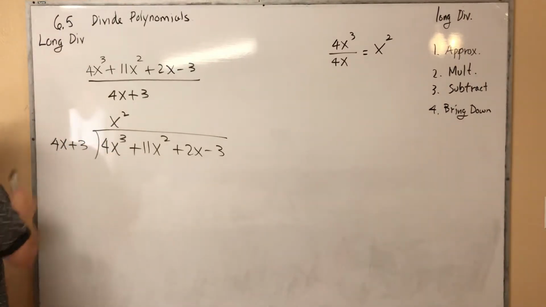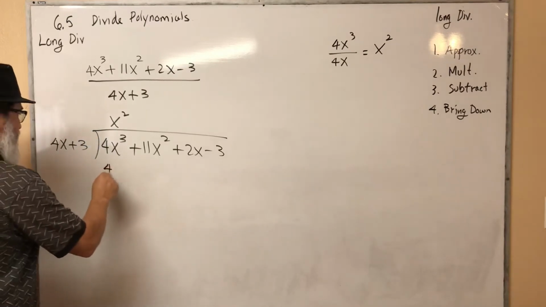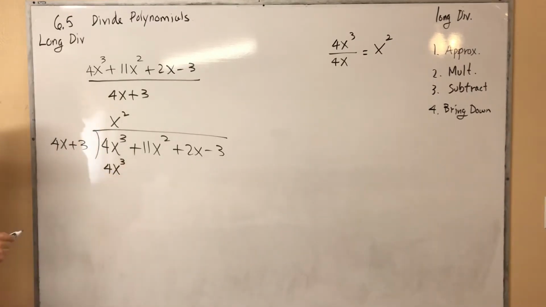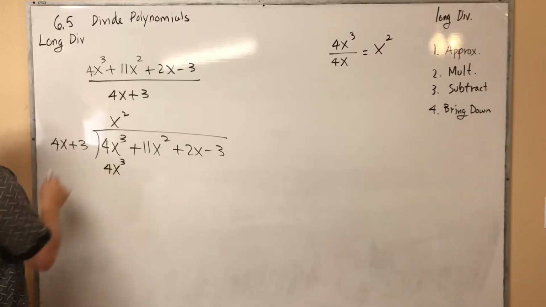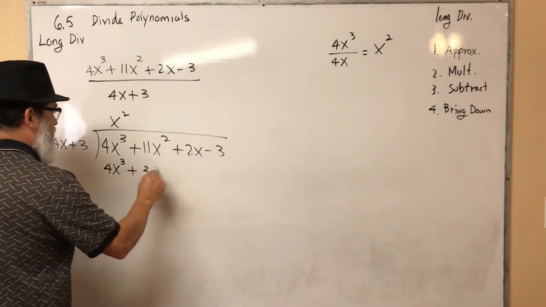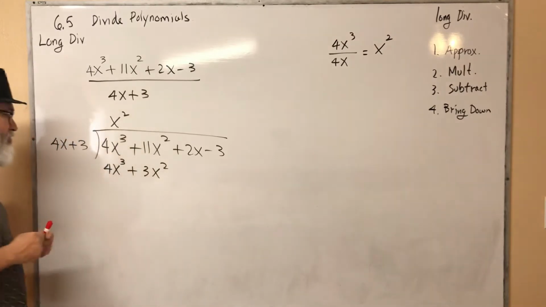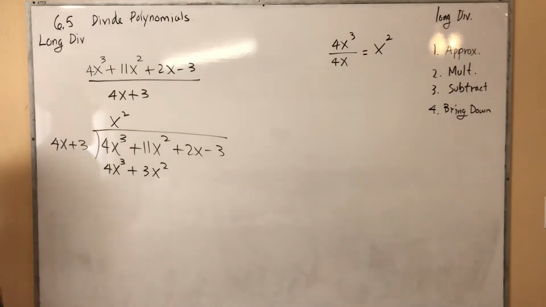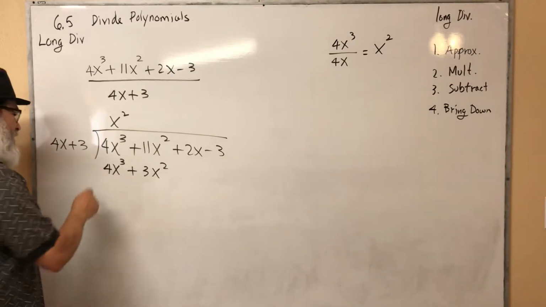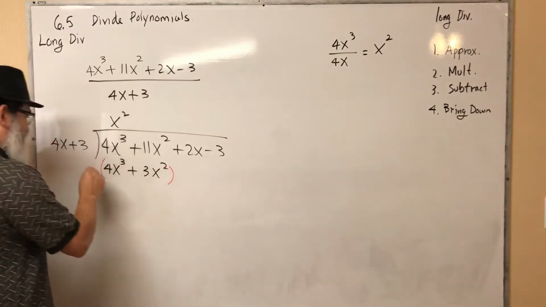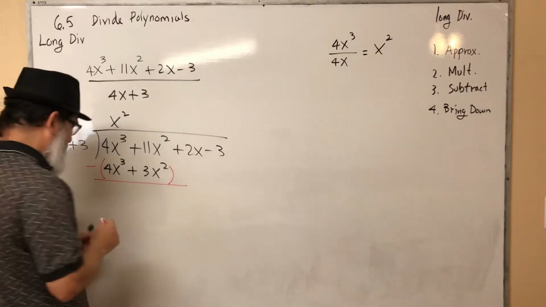X squared times 4x is 4x cubed, right? I'm multiplying now. X squared times 3 is plus 3x squared. And now step number 3, let's subtract. Put a negative in front, use parentheses.